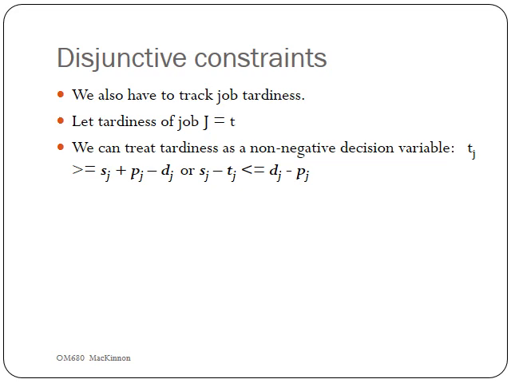Tardiness of job J equals the start time of job J minus the due date, or rather S of J minus T of J less than or equal to D of J minus P of J. Now again, go back, follow the algebra through, all right? And so tardiness is always going to be non-negative. It's going to be 0 or something greater than 0.